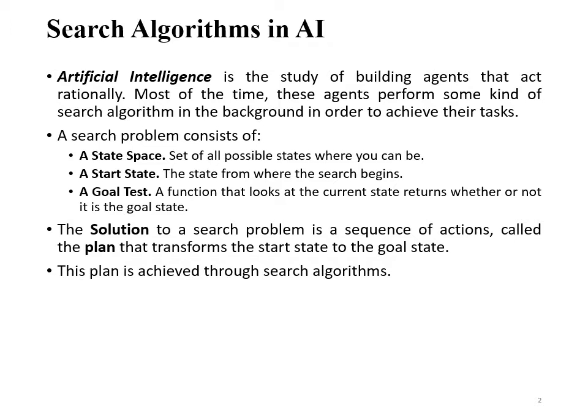So the goal test returns either goal state or not goal state. It checks from the current state. The solution to the search problem is a sequence of actions, called the plan, that transforms the start state to the goal state. The solution of the search problem returns a goal state. The plan is achieved through search algorithms.